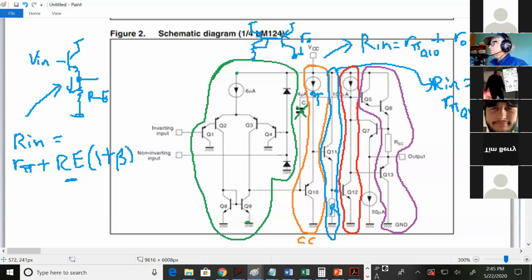And what kind of output stage is that? Push-pull. And what's different about it than the push-pulls that you've seen? You've already seen the NPN, the PNP. It's got a Darlington pair on top. Yeah. Why would you use a Darlington pair in an output stage?